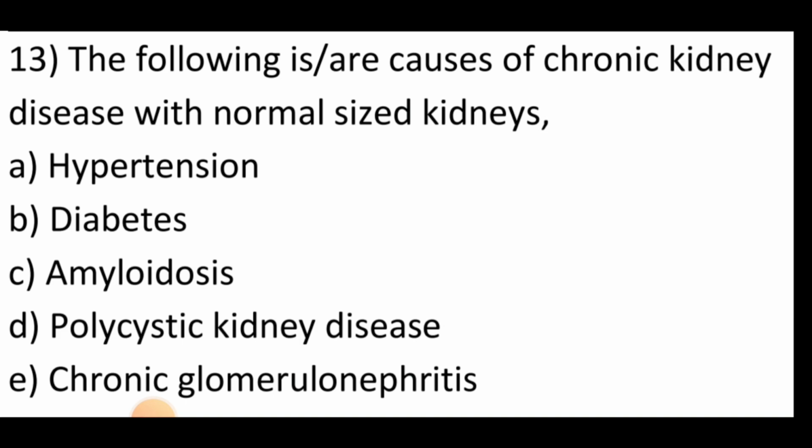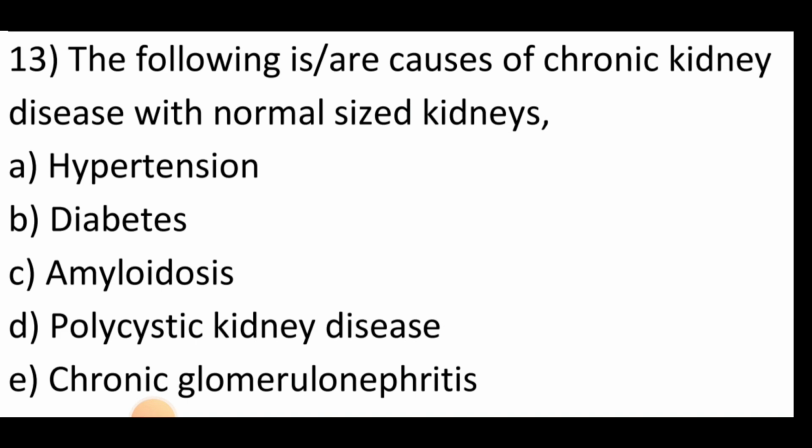It is true. So the next question, it is also a multiple choice question. It asks, the following are causes of chronic kidney disease with normal size kidneys. So this question is about chronic kidney disease. You know that adult polycystic kidney disease is a cause of chronic kidney disease.